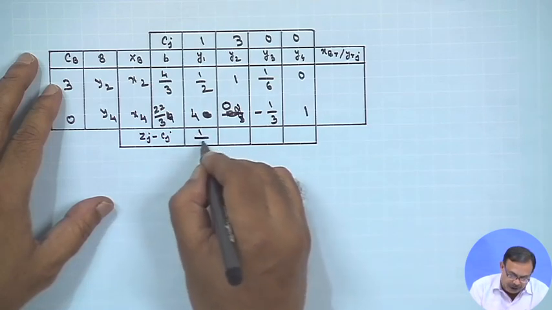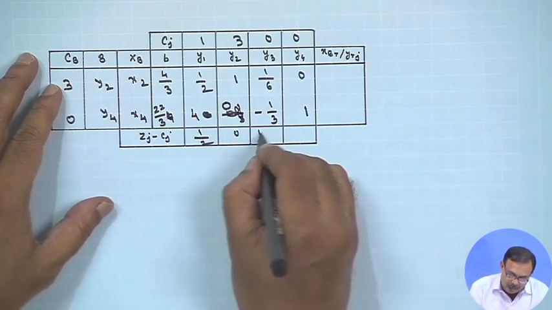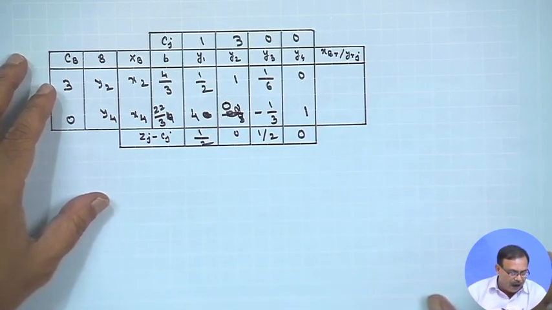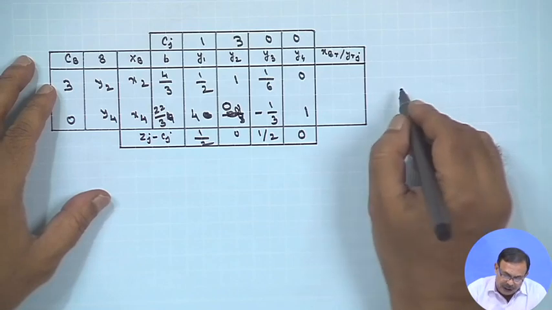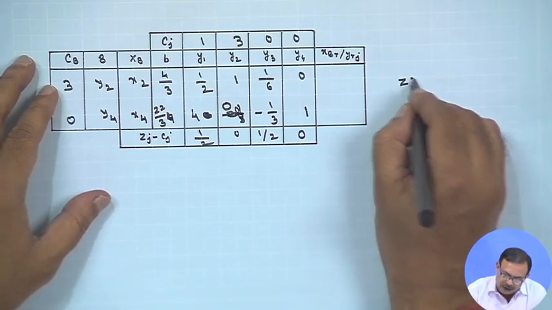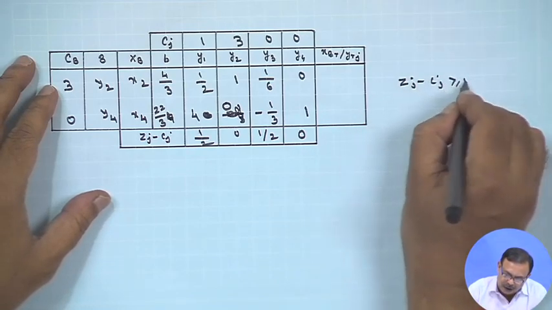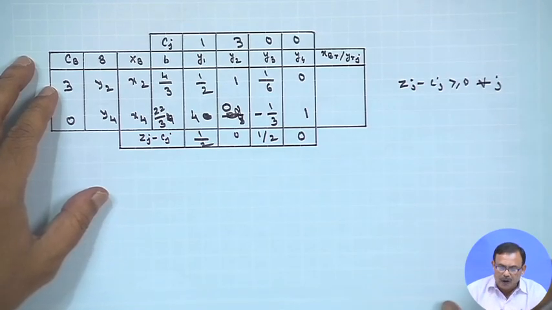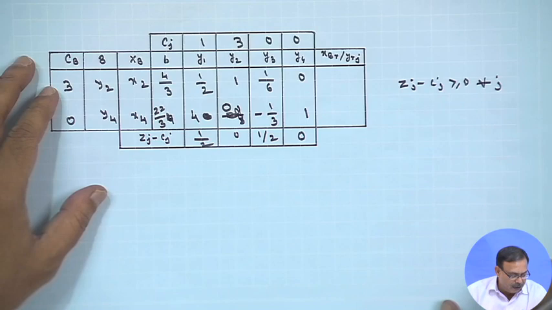So, Zj minus Cj is half, 0, half and 0. Here, if you find your Zj minus Cj, it is greater than or equal to 0 for all j. So, the optimality condition is satisfied.